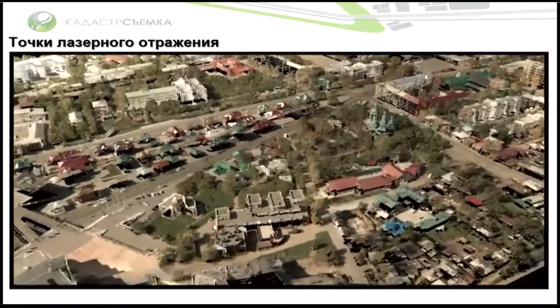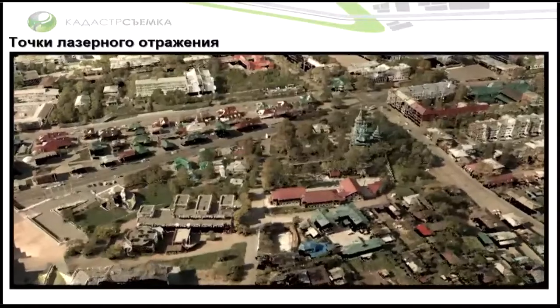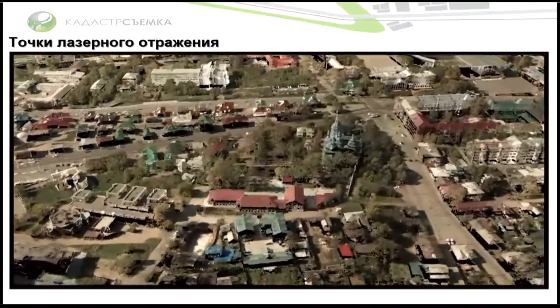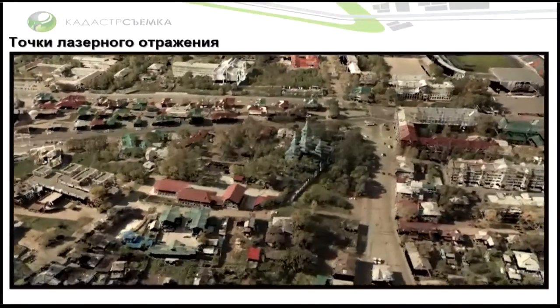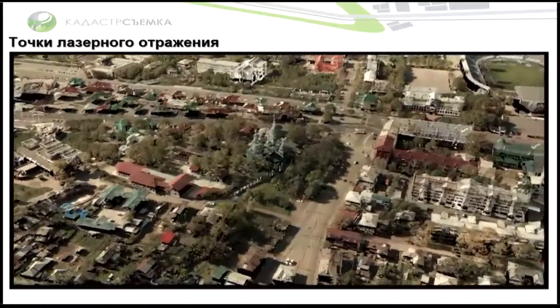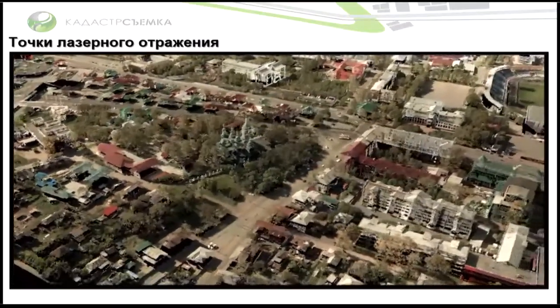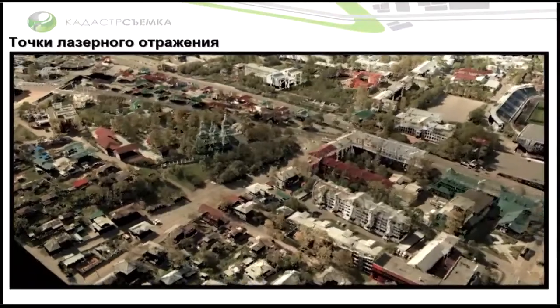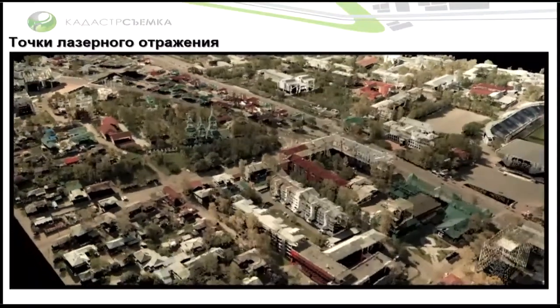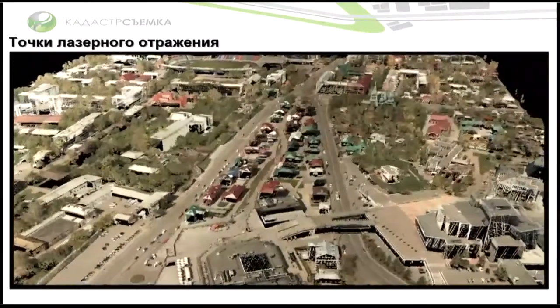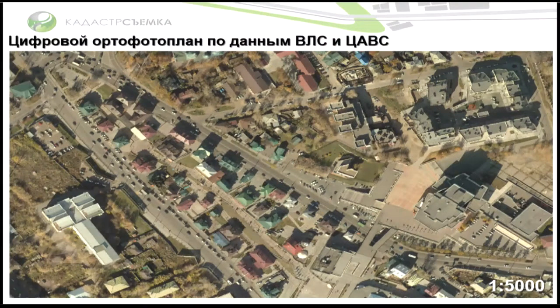Aerial laser scanning was captured from 370 meters. It took about 6 minutes. GSD is about 4 centimeters. Number of points per square meter is 26 to 30 per 1 square meter. The next stage was getting a digital orthophoto plan.